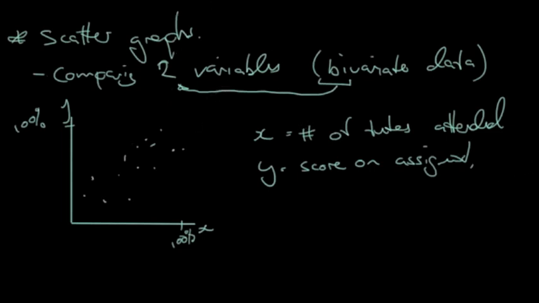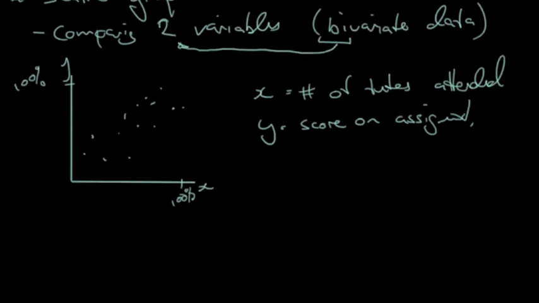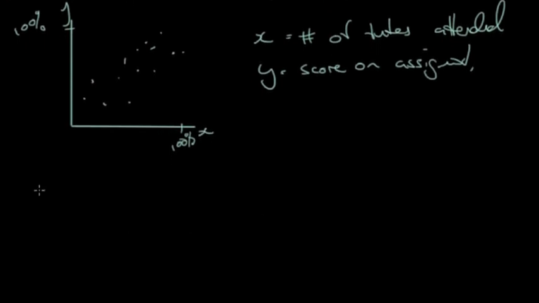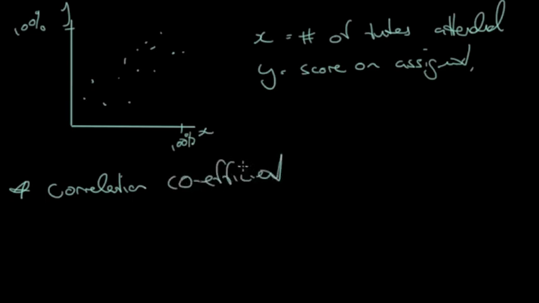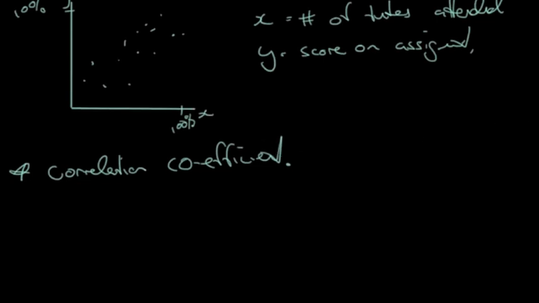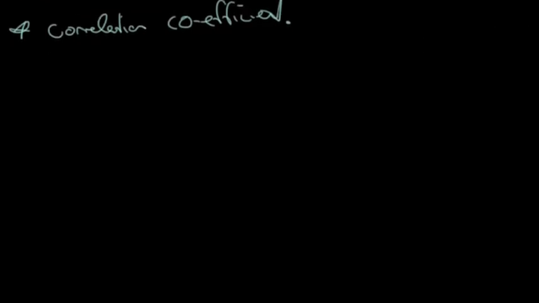Now we can have a think about our correlation coefficient. This is another concept. So, what is a correlation coefficient? Well, a correlation coefficient is just a number that helps us to understand how well data is correlated, or how well it fits a model.